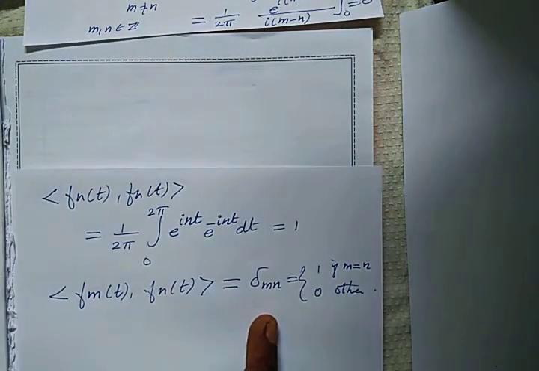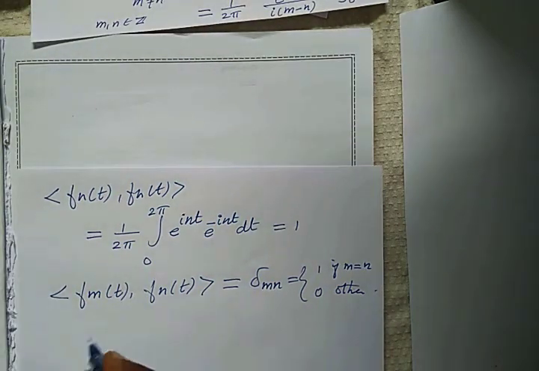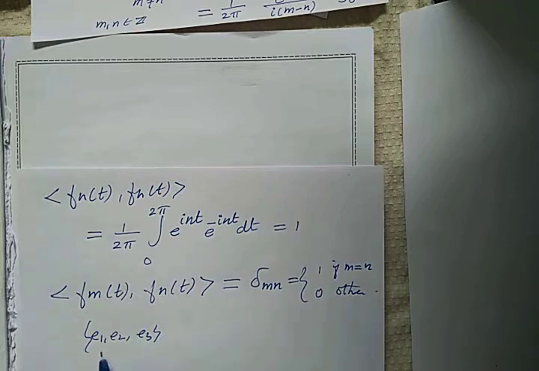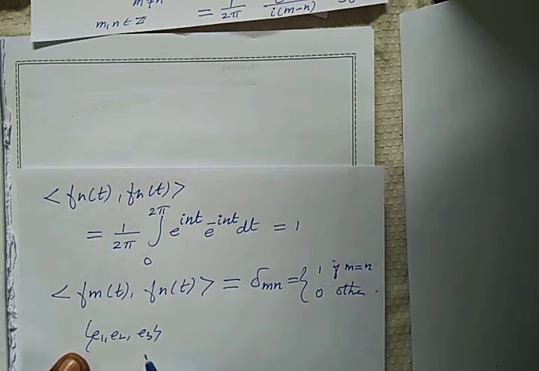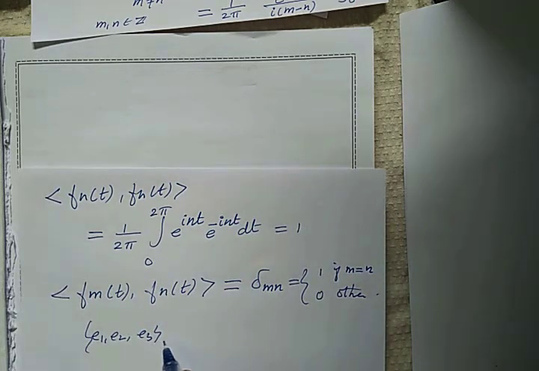So here see, in R3 you may have seen e1, e2, e3. This is an orthonormal basis, right? This is a basis for R3, and this is orthogonal as well as unit vectors. So this is an orthonormal basis for R3.